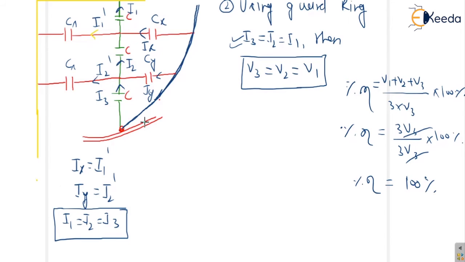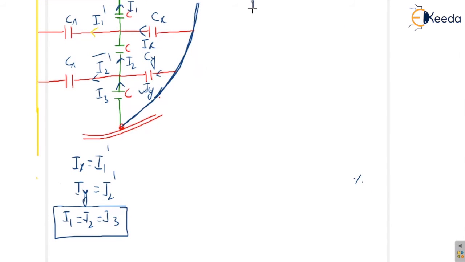Now we are going to see what will be the values of Cx and Cy so that I1 dash is equal to Ix and I2 dash is equal to Iy. When I1 dash is equal to Ix, I1 dash will be jωCs into V1.